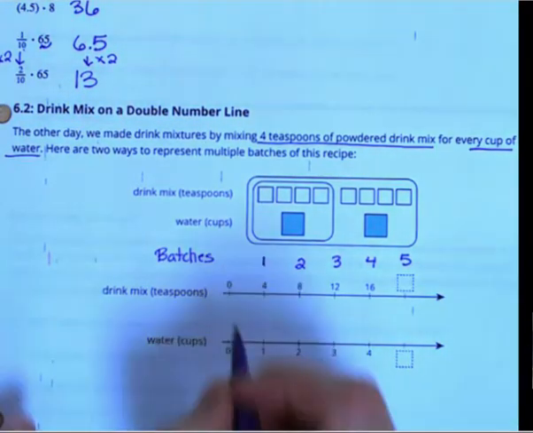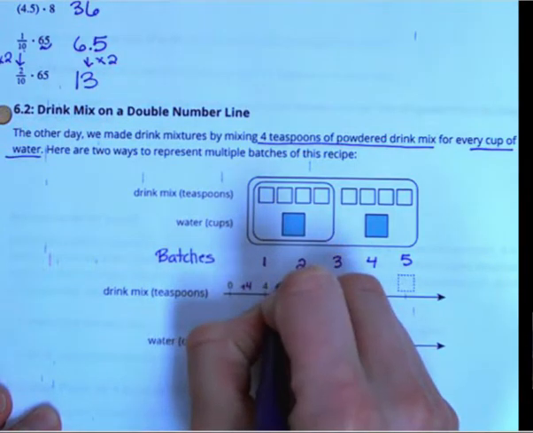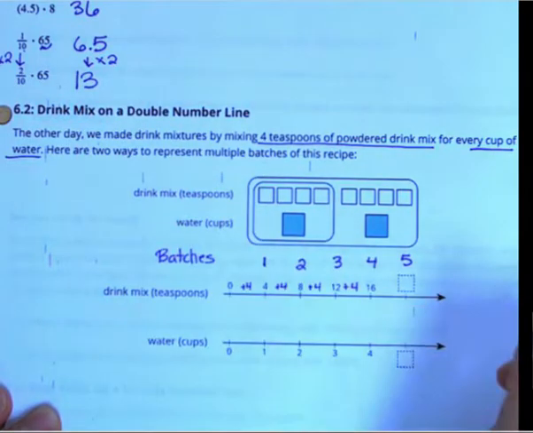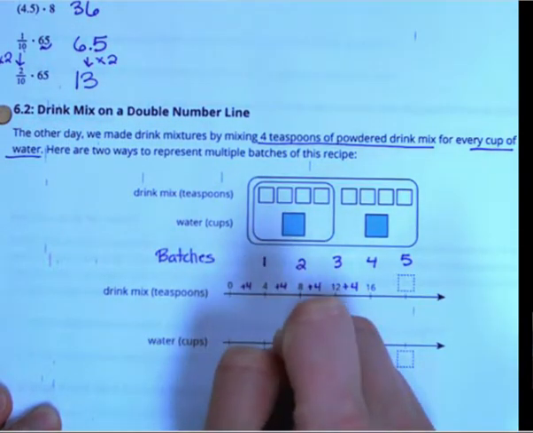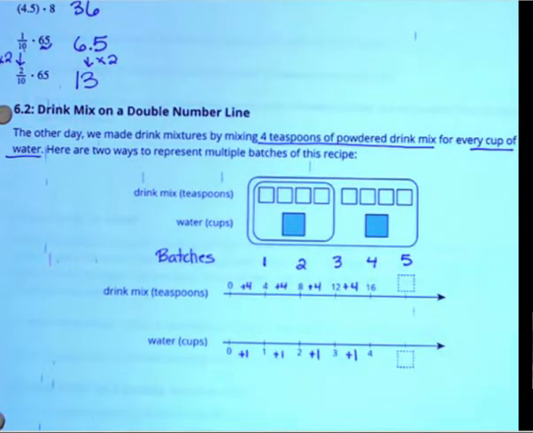You can also see that going across on the top, we're counting by 4s, so plus 4, plus 4, plus 4, plus 4, etc. And on the bottom, we are counting by 1s. Those are just a couple different ways you could go about numbering your double number line.